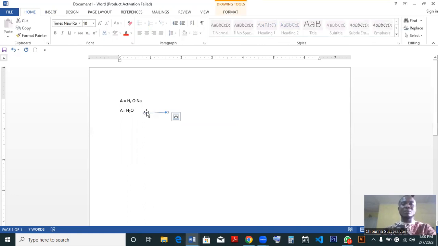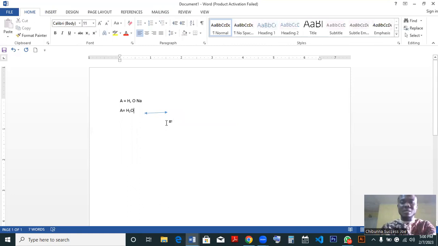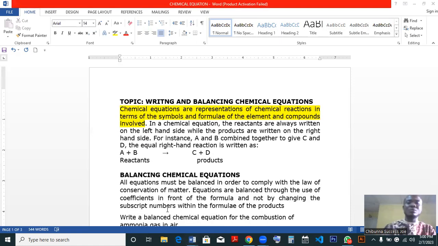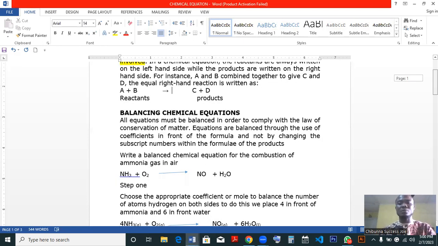One is pointing towards the products, and this one is pointing towards the reactants. So this is called a reversible reaction. But here, this one only points towards the product, which is the normal way of representing an equation.